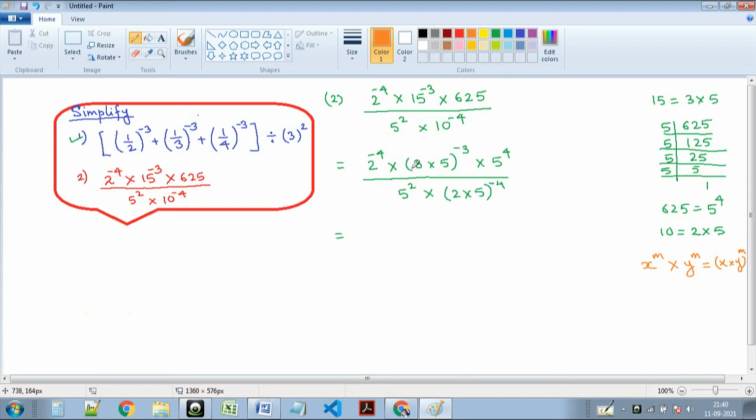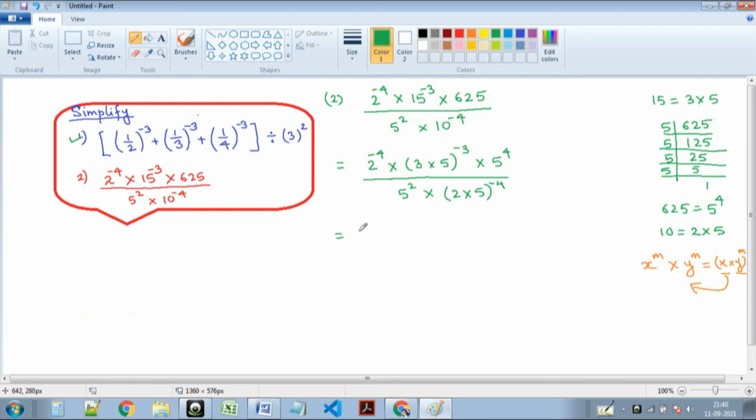You see that in the bracket we have 3 cross 5 whole to the power minus 3. As here it is x cross y whole to the power m, we can write it in this way also. So I am going to give 3 and 5 separately the powers as minus 3.